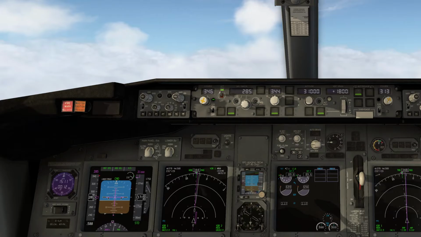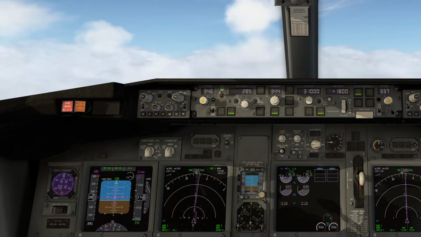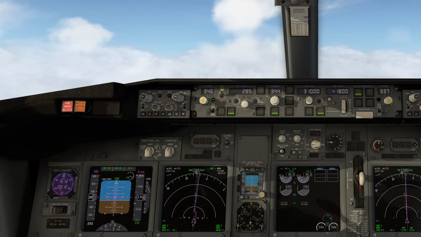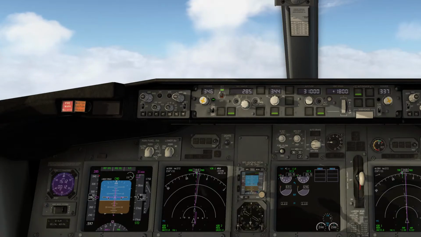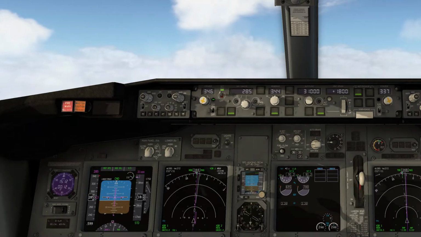Next course will be 337. 56 nautical miles. Another 26.